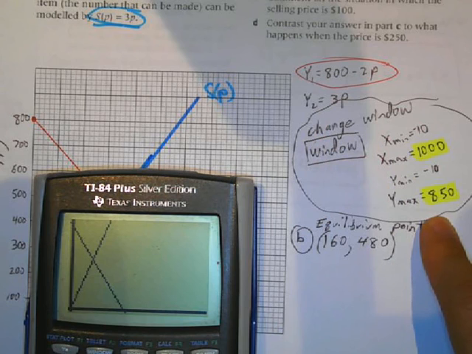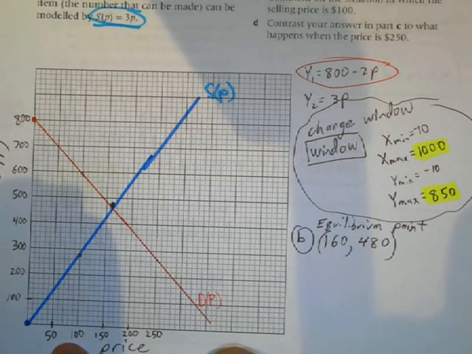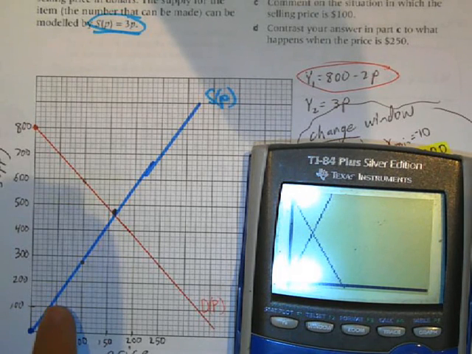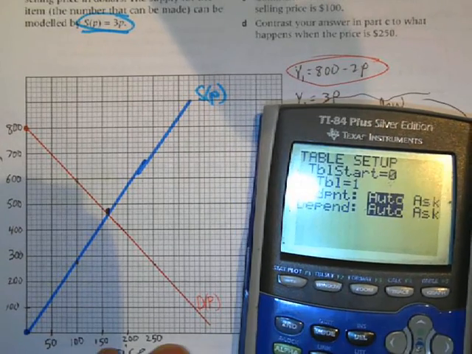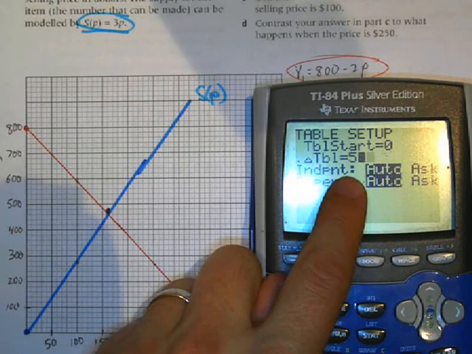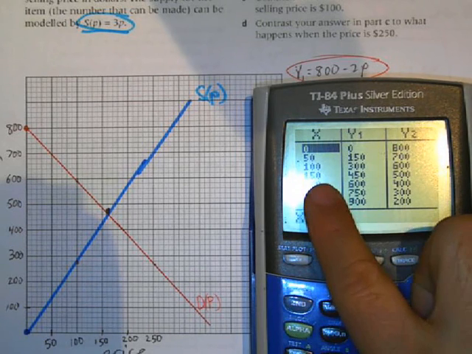Okay, so I want to get some points to plot. The easiest thing to do is I'm going to go by 50s. So if I do second window, I get my delta TBL, and I'm going to change this value here to 50, so that when I hit second graph to get my table, it's going to go up by 50s.